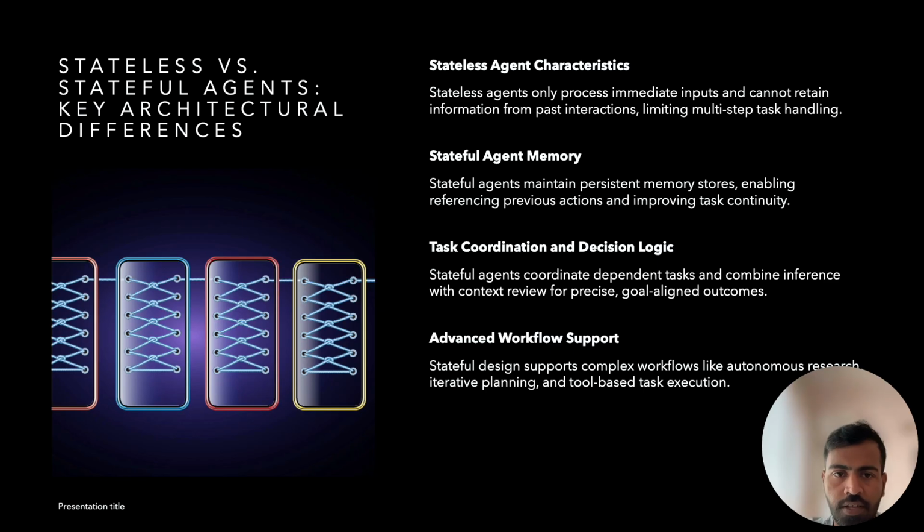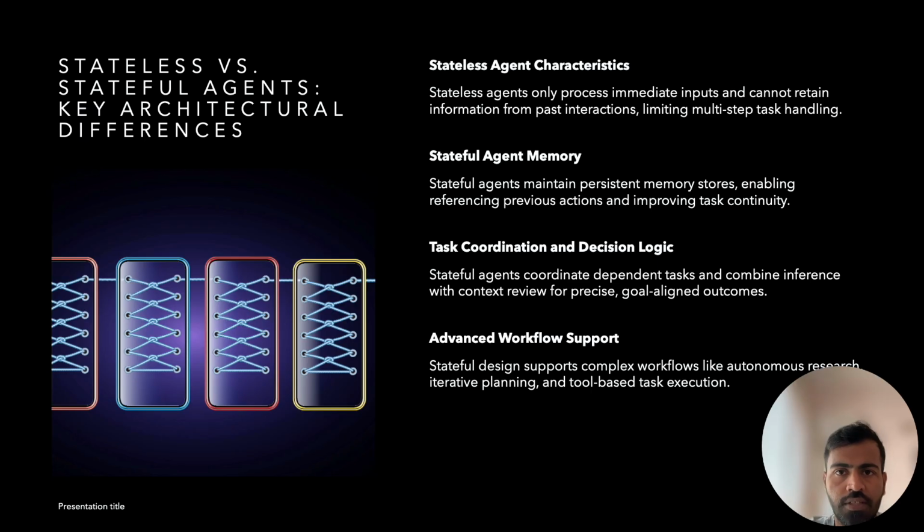Now let's understand stateless versus stateful. Understanding the distinction between stateless and stateful agents is crucial for designing intelligent systems capable of long-term task execution. Stateless agents operate solely on immediate inputs, ignoring any information from previous interactions. This approach has limitations.